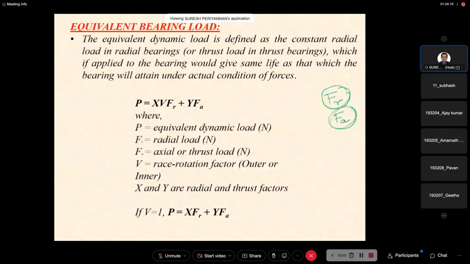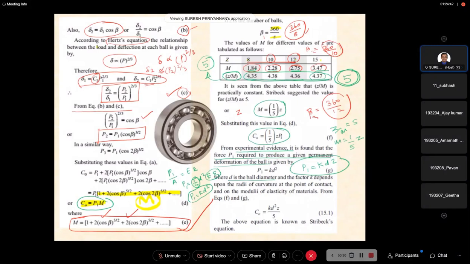But one assumption we are considering here: the equivalent dynamic load is defined as the constant radial load in radial bearings, or thrust load in thrust bearings, which when applied to the bearing will give the same life. It means, see here, this is the bearing.